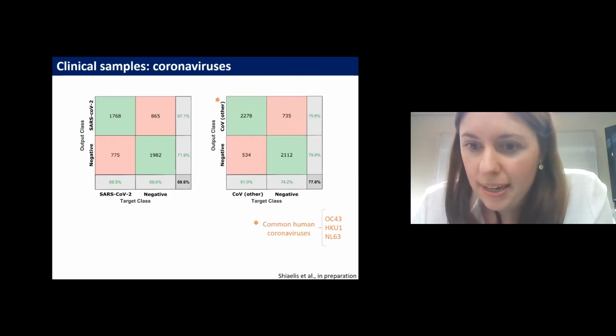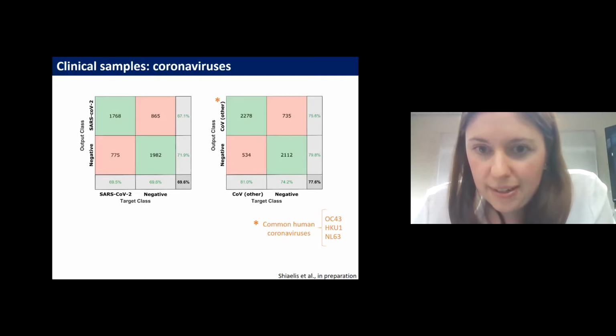We get a similar result when we look at patient samples that have other coronaviruses in them. So these are human coronaviruses that aren't as serious as SARS-CoV-2. They're one of the leading causes of the common cold, and there are different strains of these, which are just listed there.